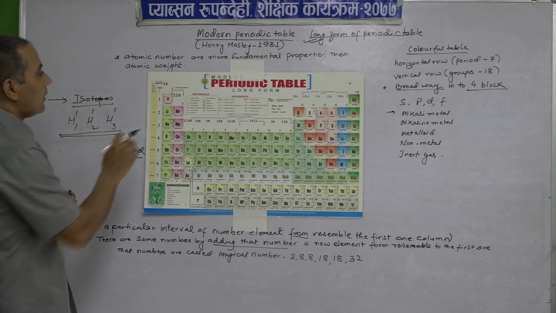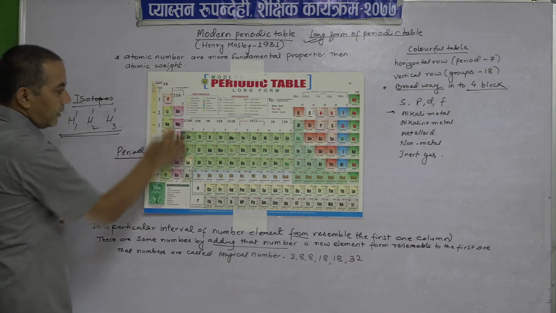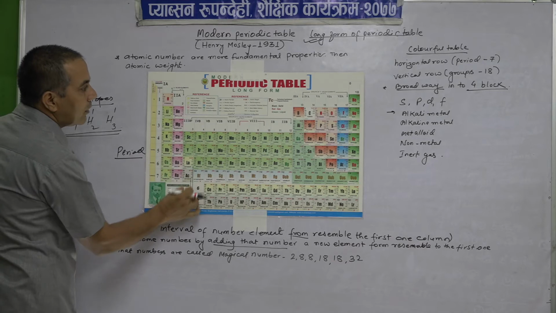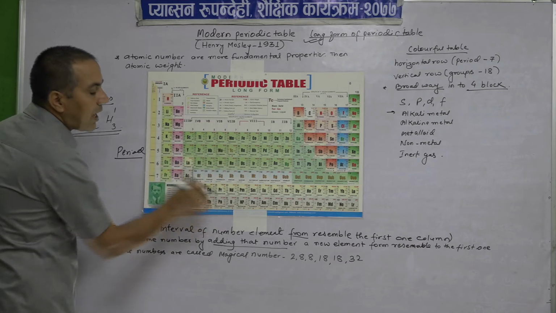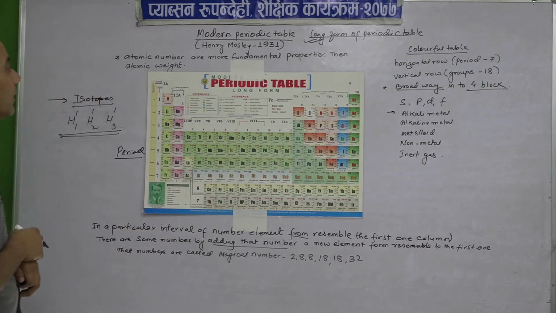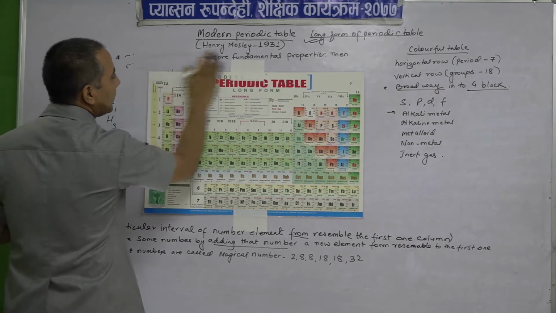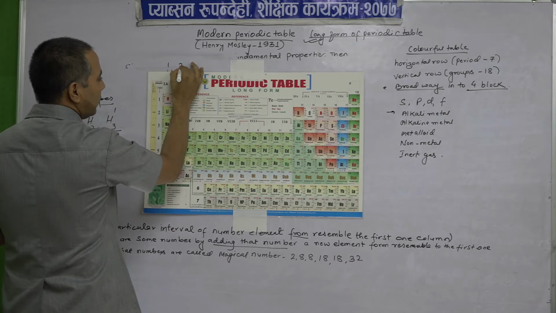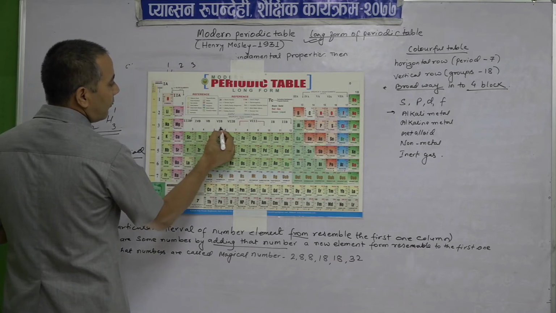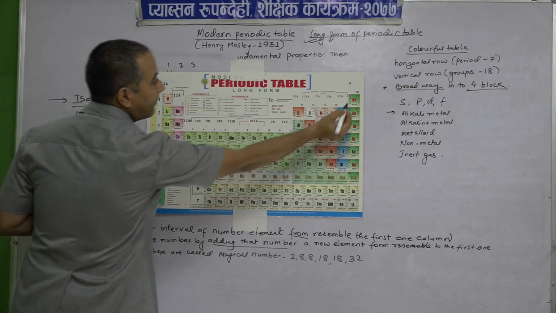Then if we see the columns, how many columns are there? There are 18 columns, for example 1, 2, 3, 4, 5, 6, 7, 8, 9, 10, up to 18.